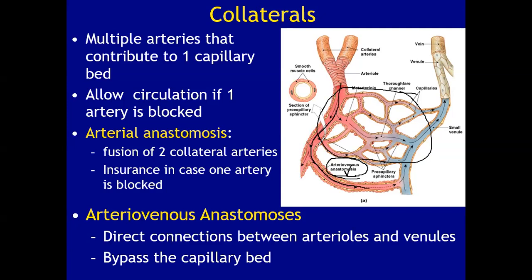Okay, it's a direct connection between the artery or the arteriole and the venule. Okay, and this way, if we bypass that, if this doesn't need any more oxygen, nutrients, things like that, let's say we're at rest and we don't need to feed this at the moment, we have to have a way to get that unused blood back into the venous circulation.